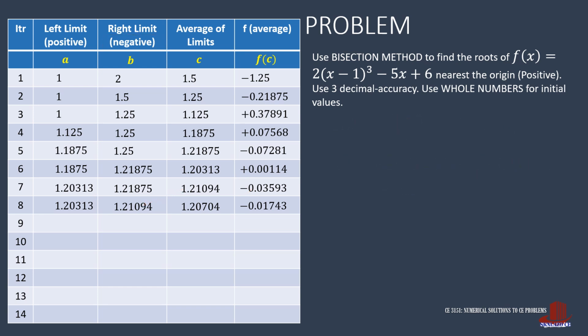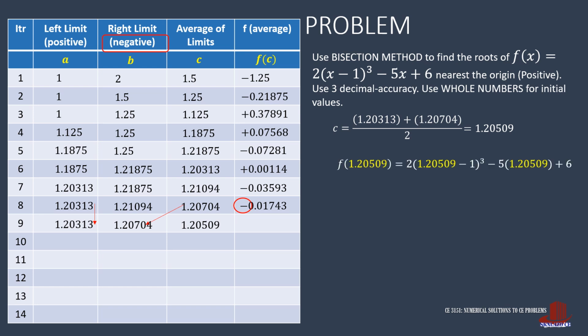Moving on to the next iteration. With f of c turning out as negative, we replace b with 1.20704. A remains the same at 1.20313. Again, solve their average to have c. So half of 1.20313 plus 1.20704 gives 1.20509.